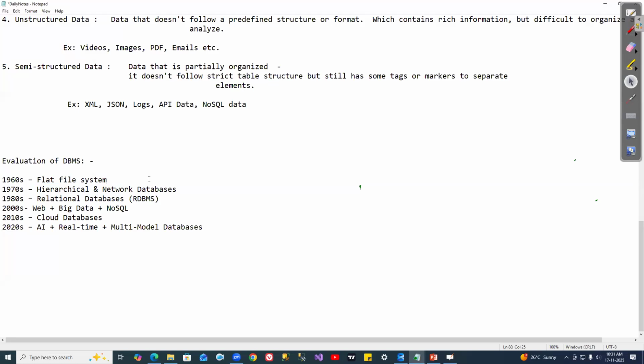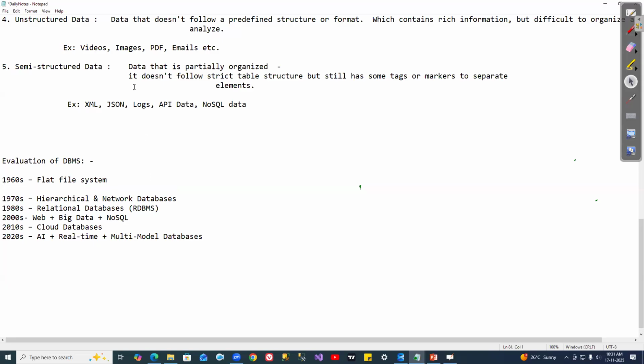That means we used to maintain data in notepads, comma separated files, .csv files. Here data is stored in plain text only, that means it has no structure at all. It is hard to search and manage.